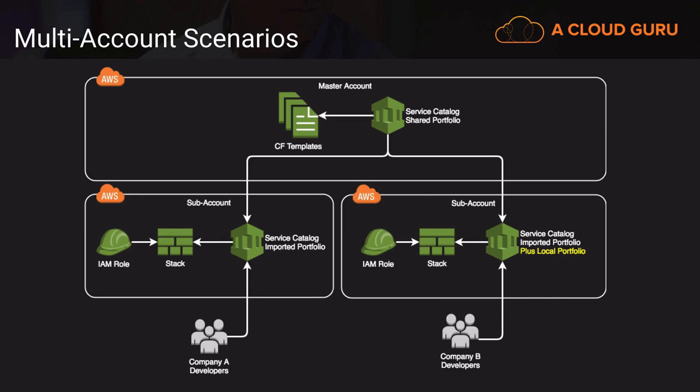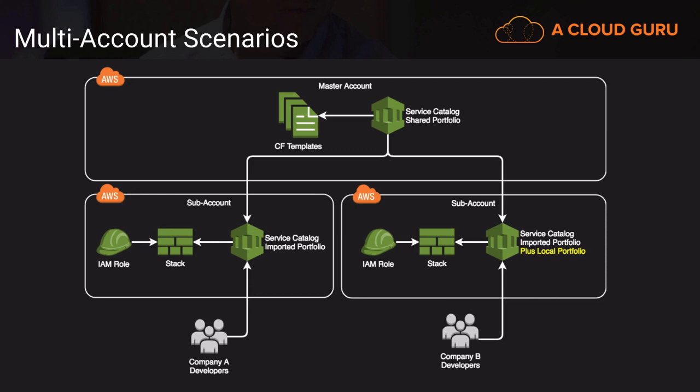The recipient administrator can also add to that shared portfolio by creating a local portfolio. They can add additional launch constraints or template constraints to make the criteria for launching this more restrictive. But the cool thing is that the products always stay in sync. So if we come up with a new version of a deployable LAMP server and we deploy it in our shared portfolio, it automatically cascades down to those portfolios that have been imported in other accounts.